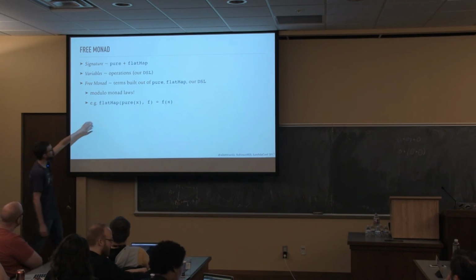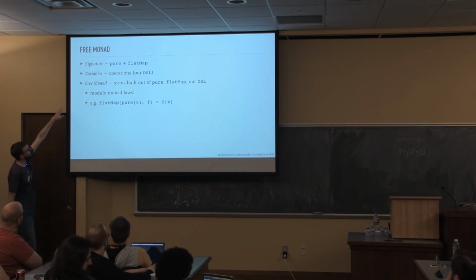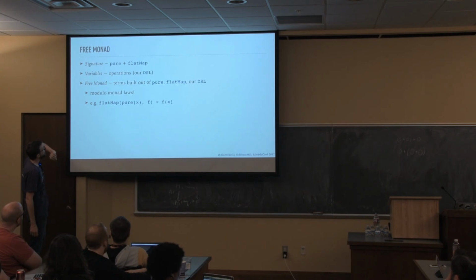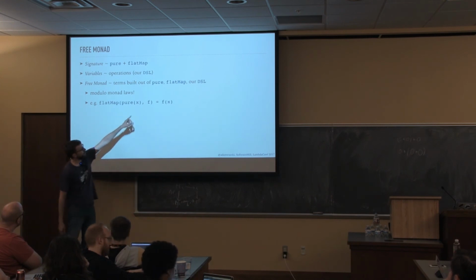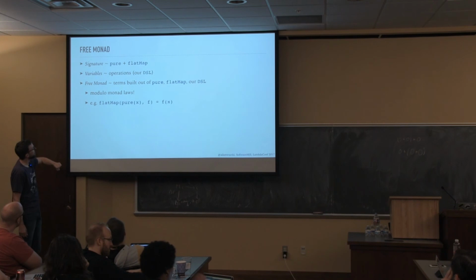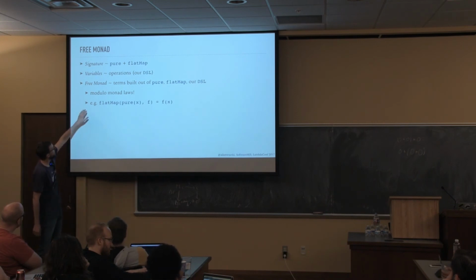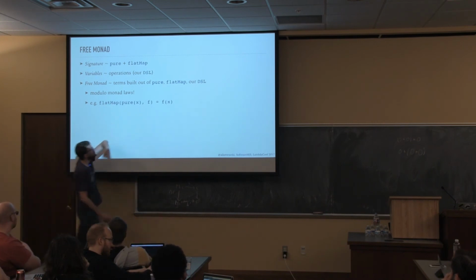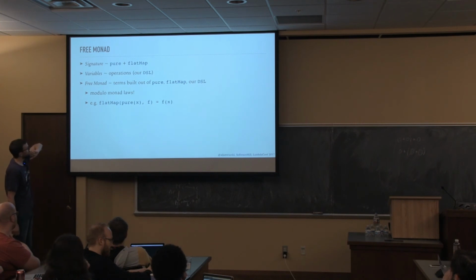Okay, so now we can build terms using the operations and the variables. So now the free monad, as we defined it, right? This will be terms, so expressions built from pure, flat map and our DSL, right? So for example here, that's an expression written using these operations.